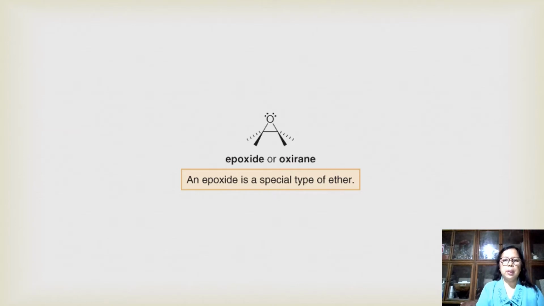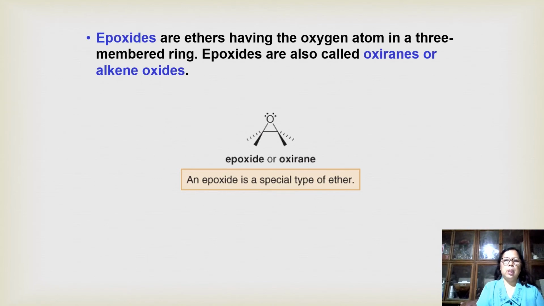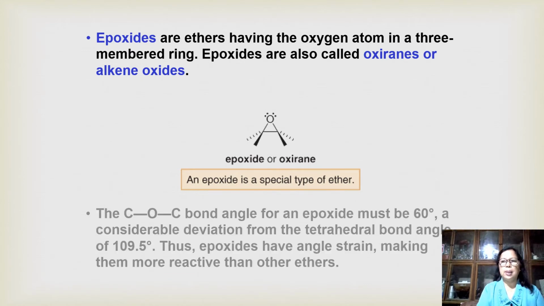Okay, this is the epoxide. Epoxide is a special type of ether that is claimed by some books, although epoxide could be classified as one group. So epoxides are ethers having the oxygen as part of a three-membered ring. Sometimes your epoxide is also called or referred to as oxirane or the alkene oxides.